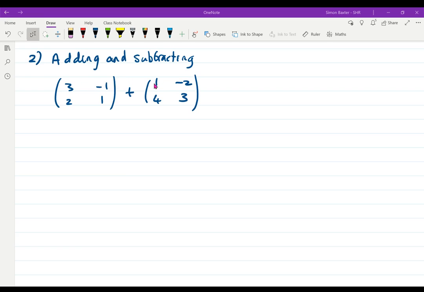So the 2 corresponding numbers and add them. 3 plus 1 gives us 4. Minus 1 plus minus 2 gives us minus 3, and so on. So if we do that, 3 plus 1 is 4. Minus 1 minus 2 is minus 3. 2 plus 4 is 6. And 1 plus 3 is 4.